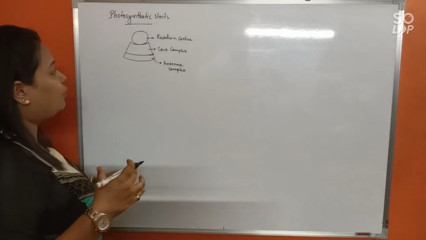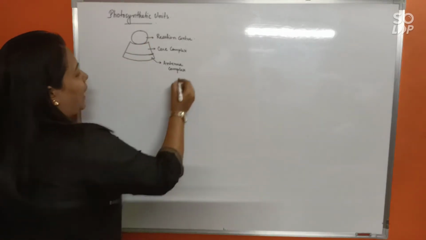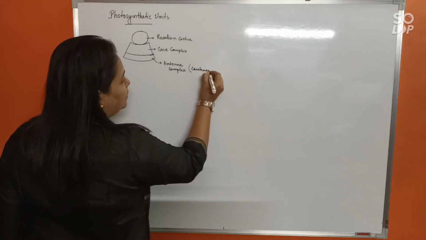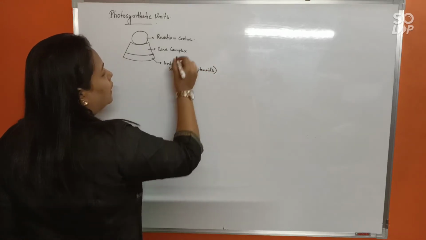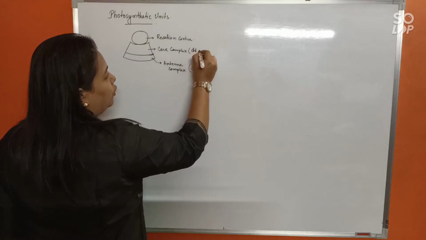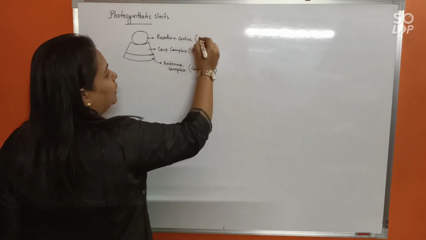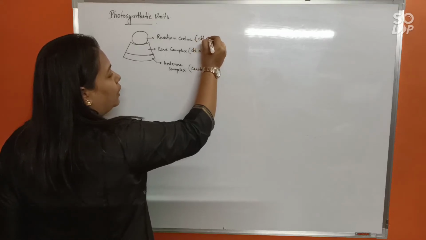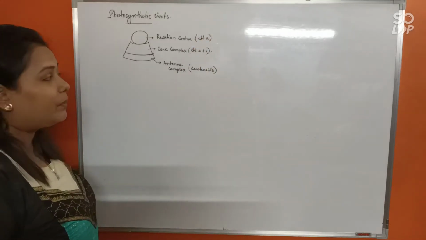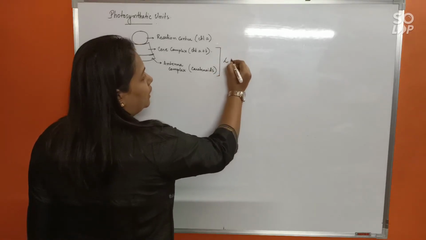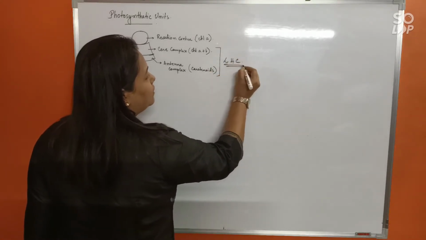Now what is the meaning of these things? The antenna complex is mainly carotenoid pigments. The core complex will be a mixture of chlorophyll A and B, but the reaction center is a single chlorophyll A molecule. Okay. Together the core and the antenna molecules form the light harvesting complex.